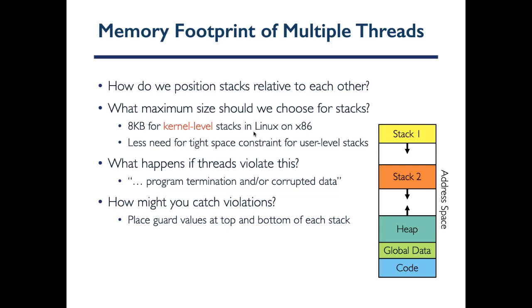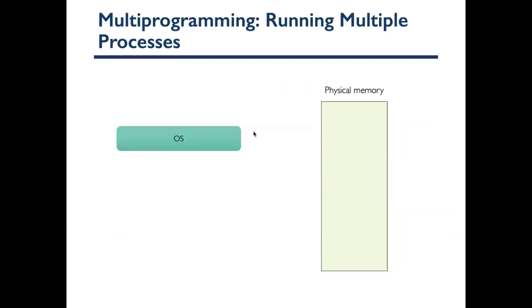And every time you switch between threads, you always check that variable. If the thread has changed that variable, that means that potentially the stack has gone out of its allocated space. So that's one way we can definitely detect violations.